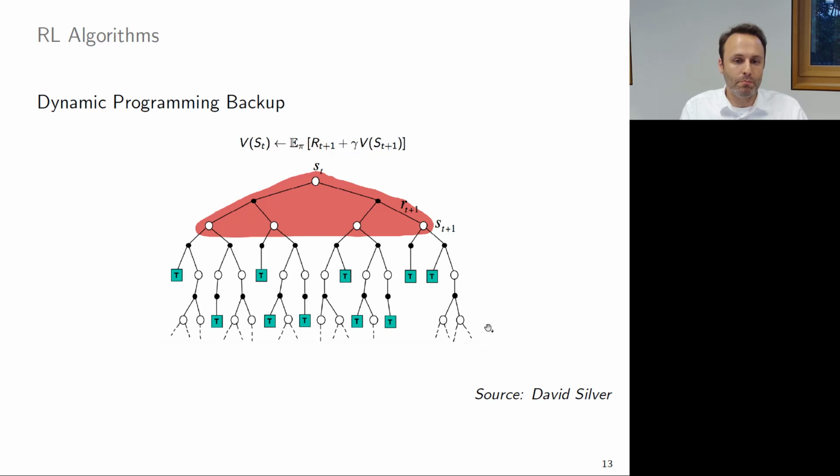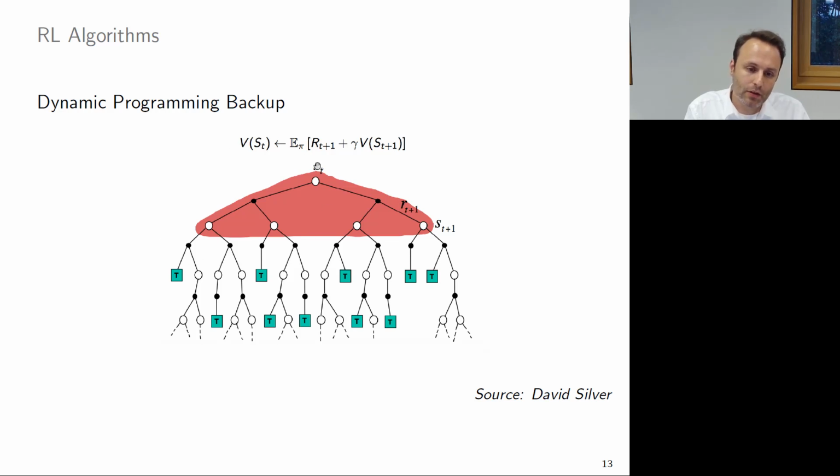A couple of ways to actually reduce the complexity of the problem are shown here, where we first take a look at dynamic programming backup, which is the usual value function, value iteration actually, that we have seen before.